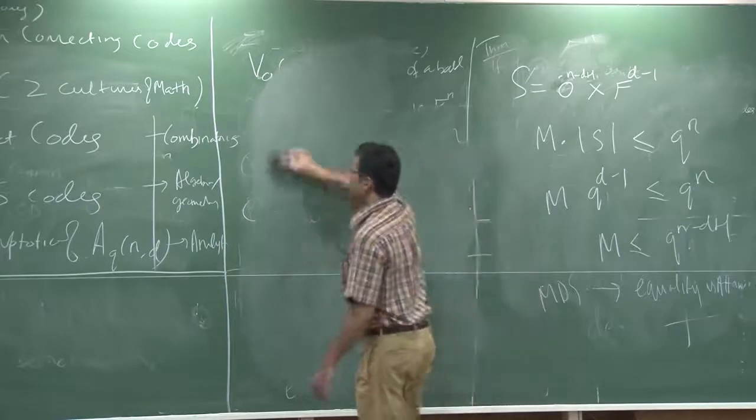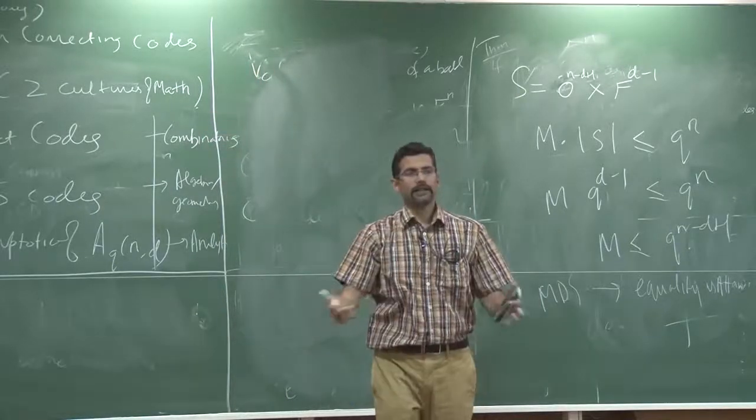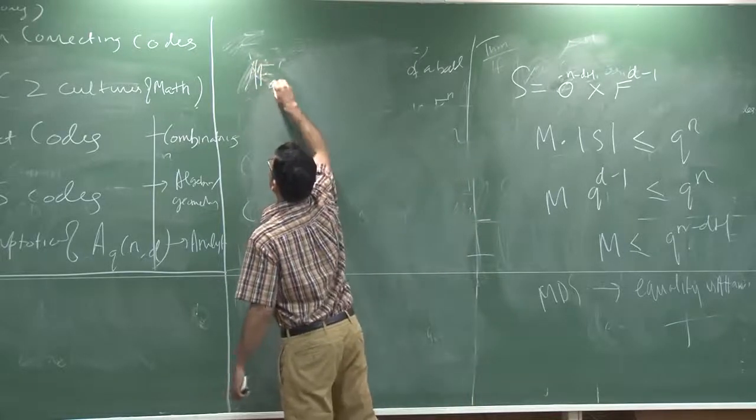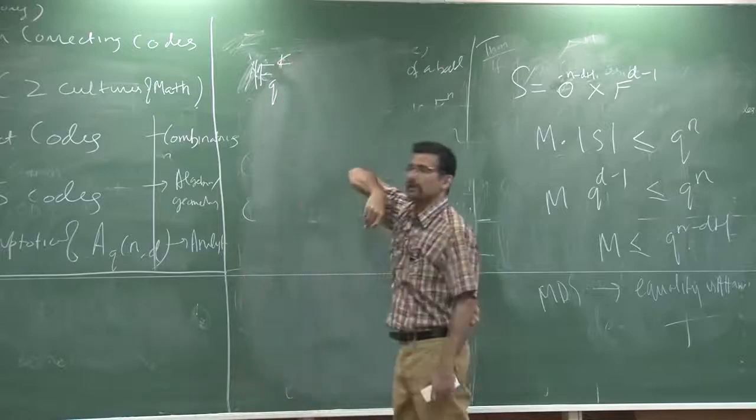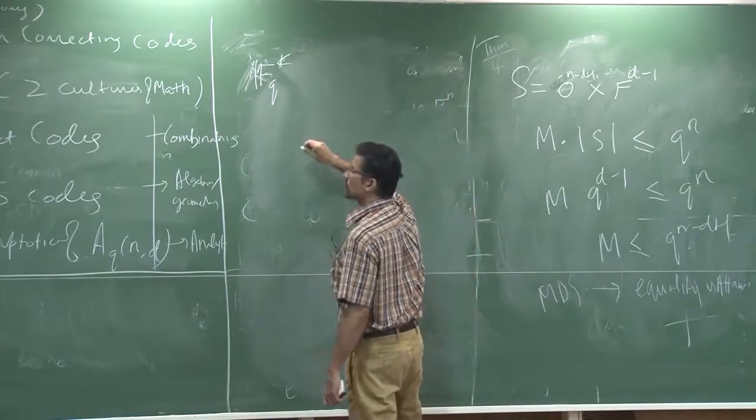Reed-Solomon codes are saying, the data that you want to transmit is k dimensional, F_q to the k. This is what you want to transmit, but what you are actually transmitting is this.